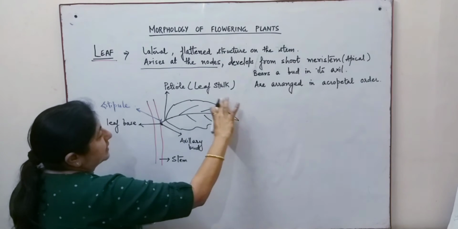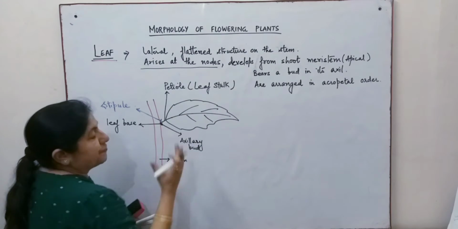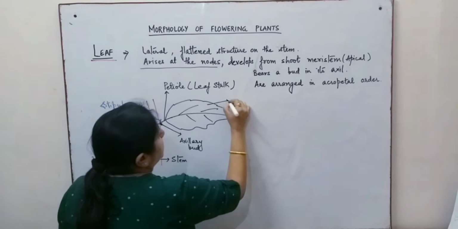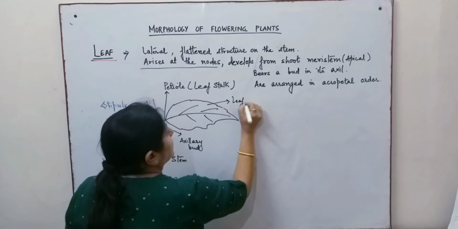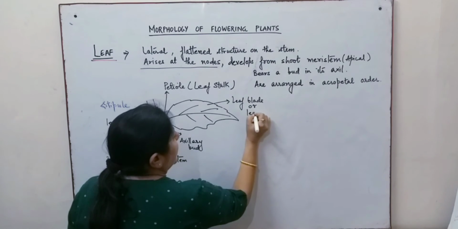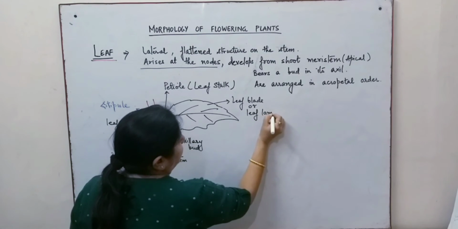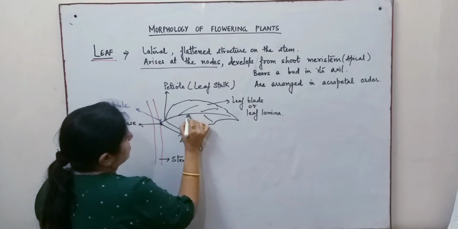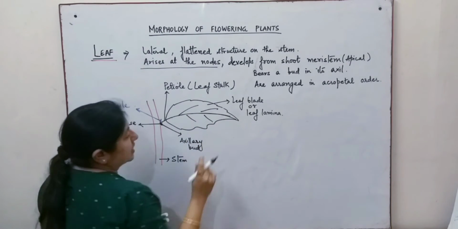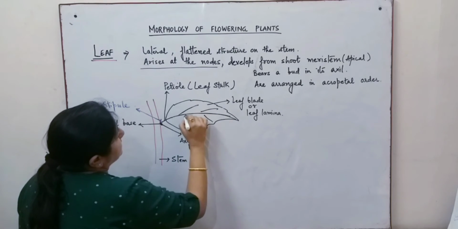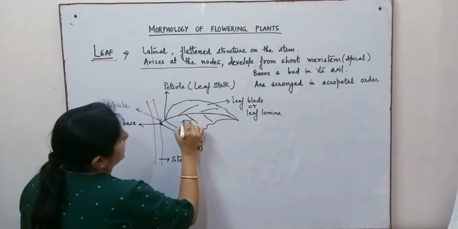Then the expanded part of this leaf, the flattened part which we see, is the leaf blade or leaf lamina, and a vein which we see running all through the leaf, on the sides as well, and it is further divided.